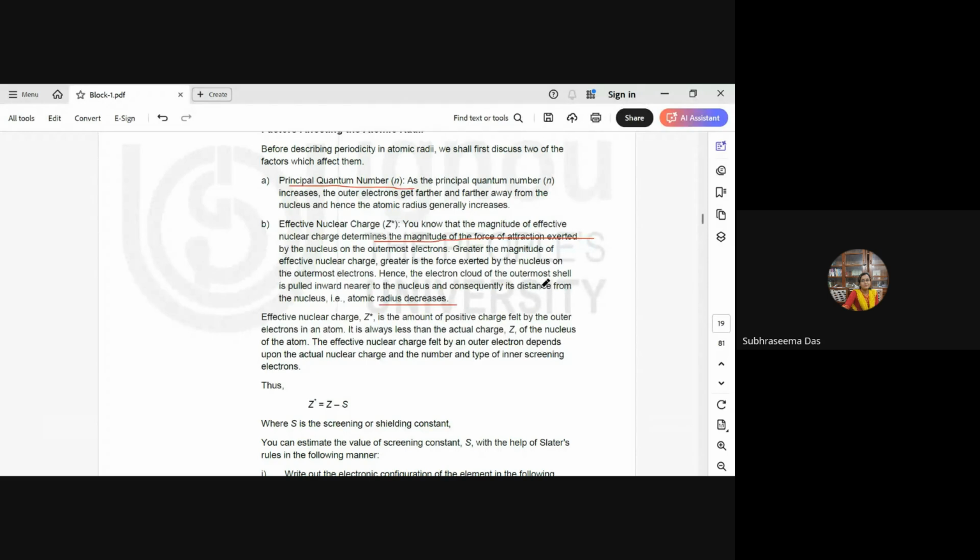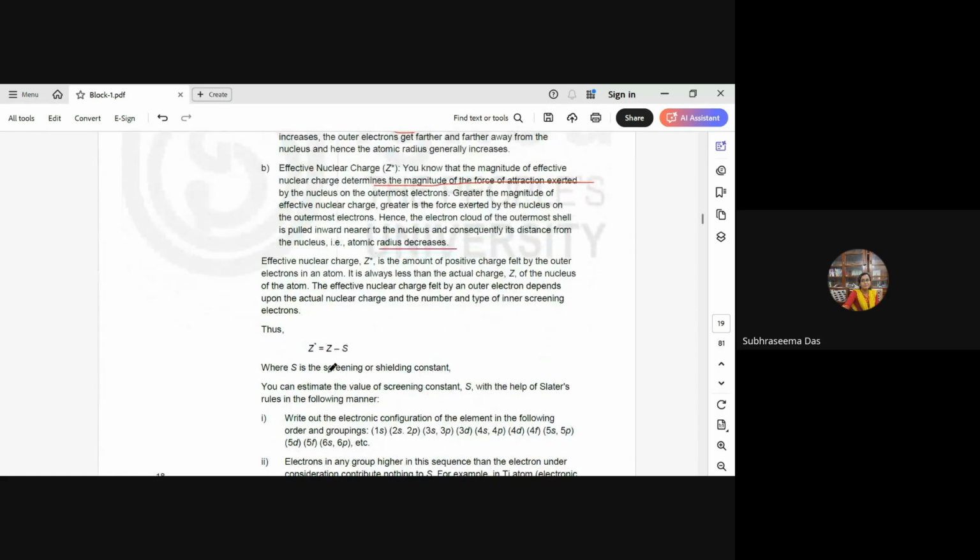The effective nuclear charge is the amount of positive charge felt by the outer electron that is present in an atom. It is always less than the actual charge, that is the Z of the atom. The effective nuclear charge felt by an outer electron depends upon the actual nuclear charge and the type of screening electrons that are present in between.